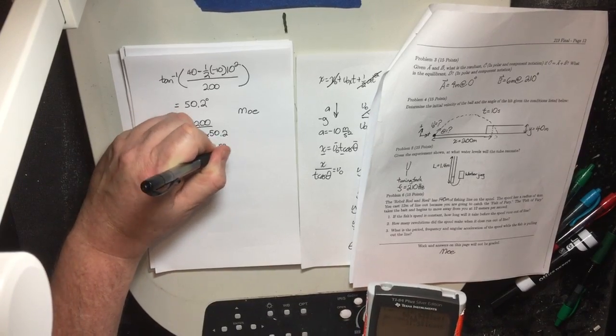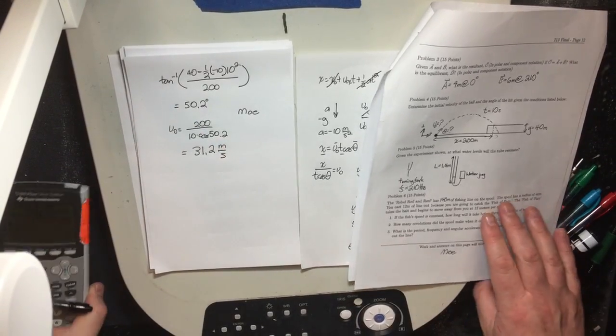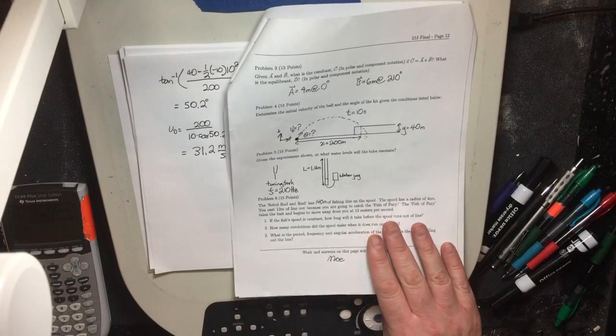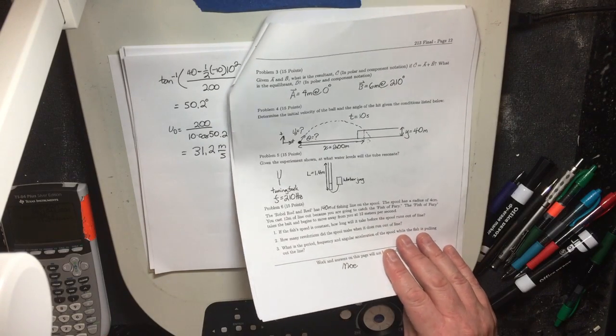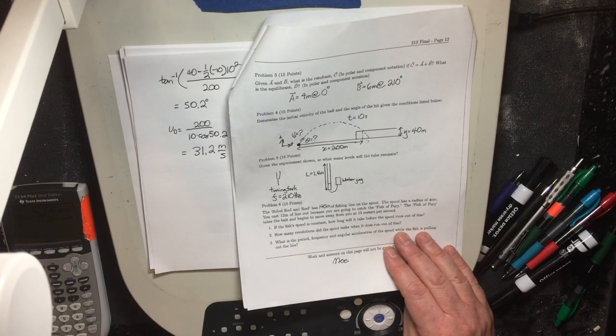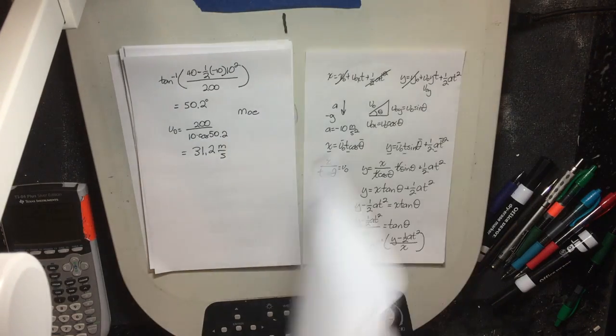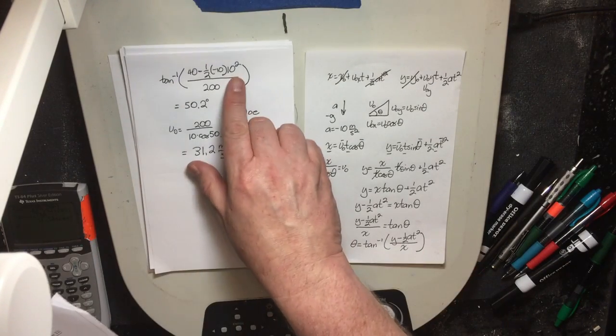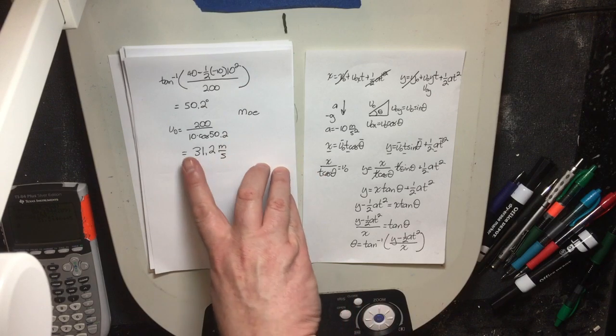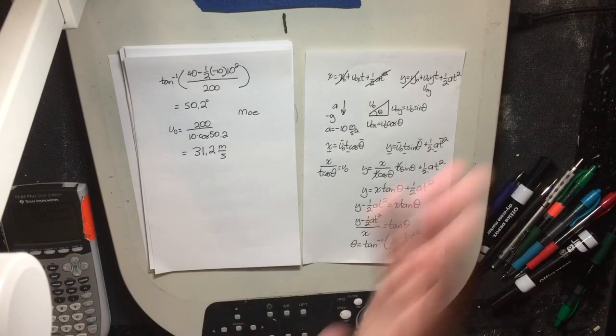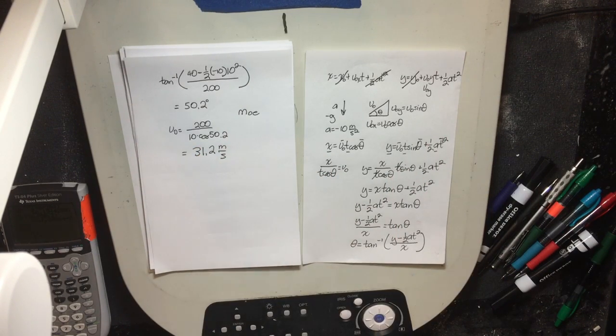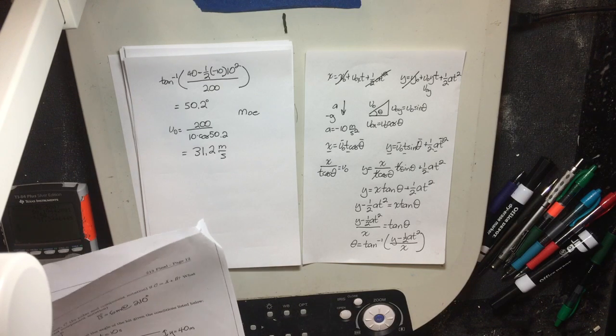So for the Mo version, it's 50.2 degrees. The only thing that's different with the Larry version is that it's 8 seconds. So you put 8 there and 8 there, and then you just propagate the numbers through. The solution itself is still correct, just the numbers.